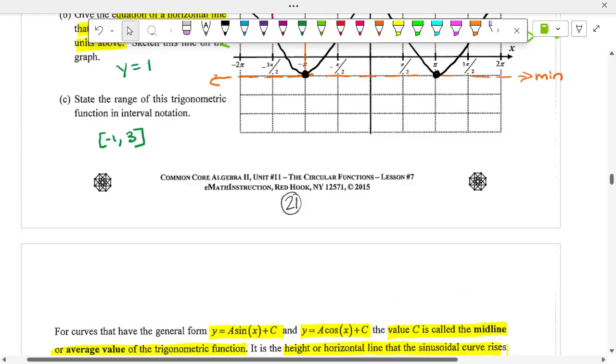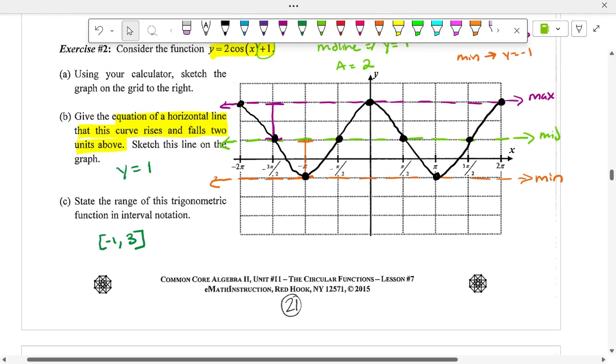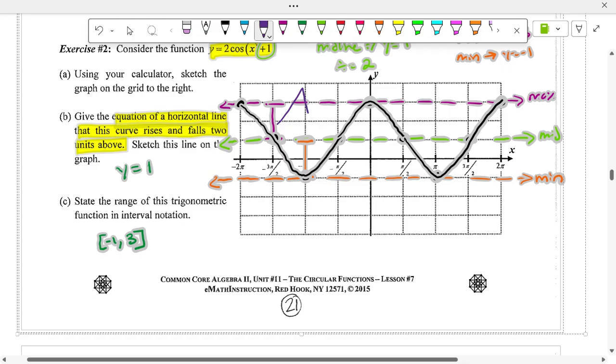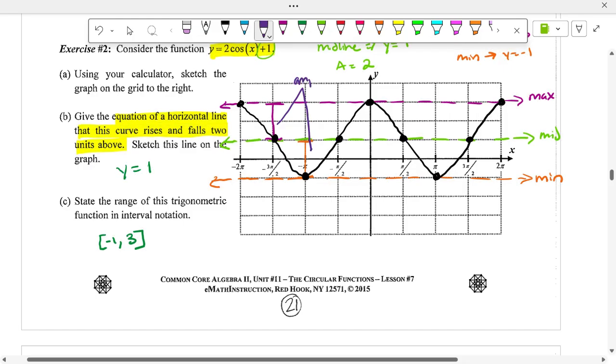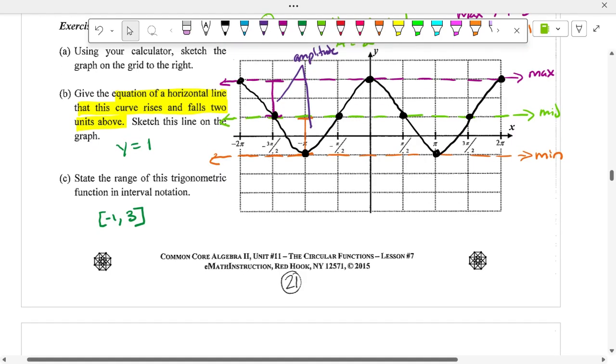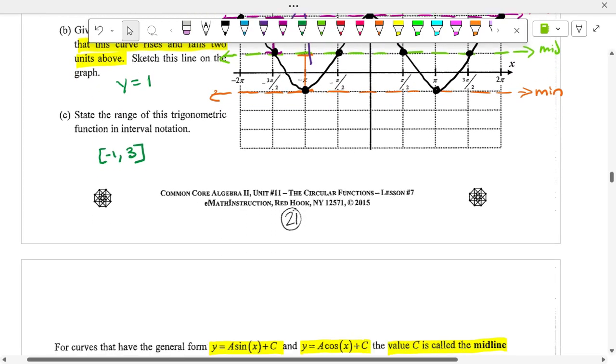That's essentially what I was explaining right here. That's the distance from the midline on either side of it. Whatever the amplitude is, you take the absolute value of it. That's how far up and down you go.